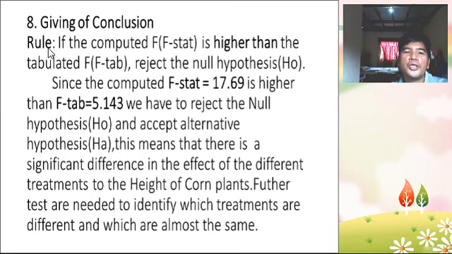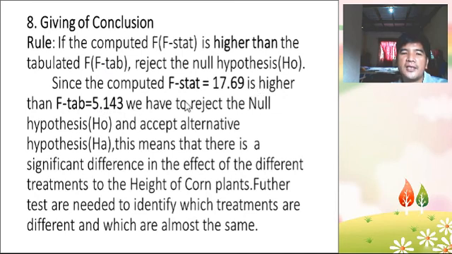According to the rule, if the computed F-stat is higher than the tabulated F-tab, reject the null hypothesis. Since the computed F-stat is 17.69, it is very high. It is higher than the F-tab, which is 5.143.